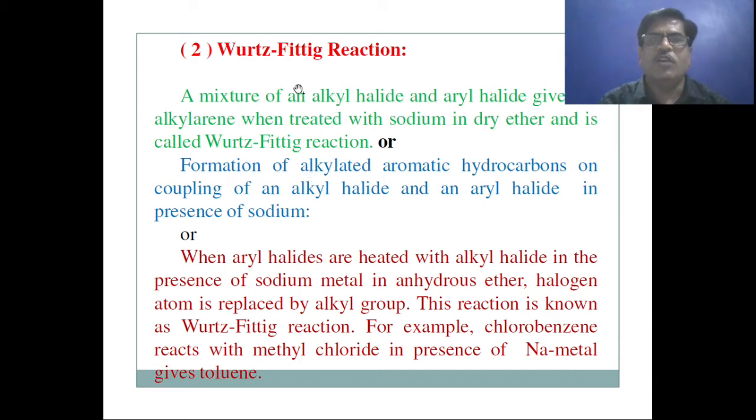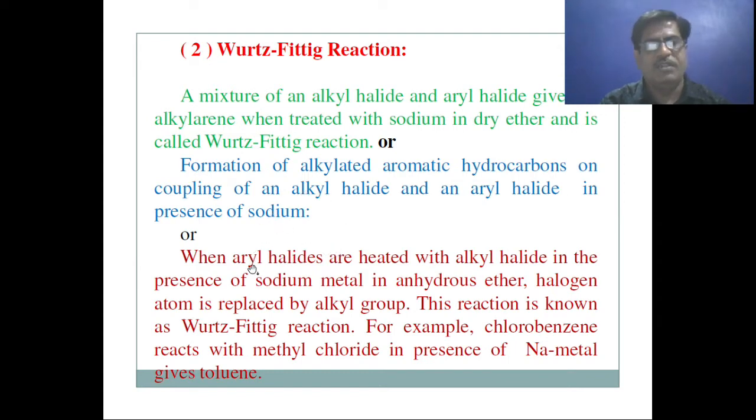A mixture of alkyl halide and aryl halide gives an alkyl arene when treated with sodium in dry ether, and is called the Wurtz-Fittig reaction. In other words, it is the formation of alkylated aromatic hydrocarbons on coupling of an alkyl halide and an aryl halide in the presence of sodium.